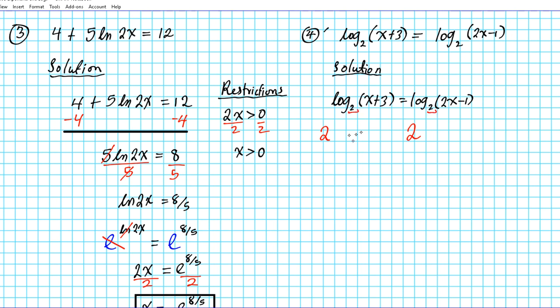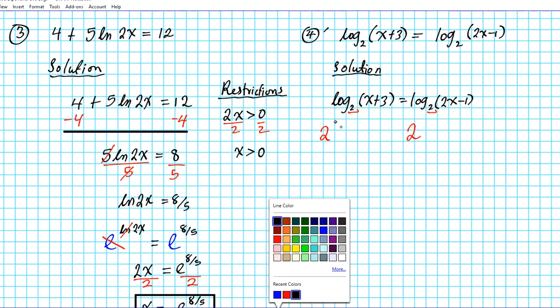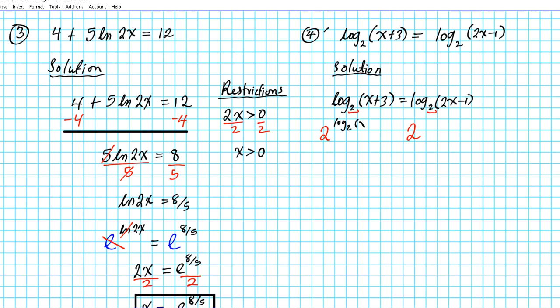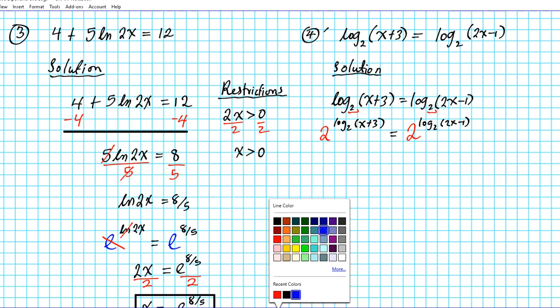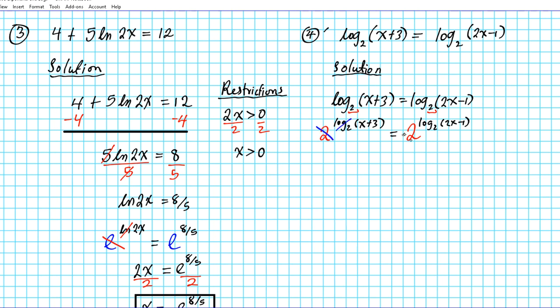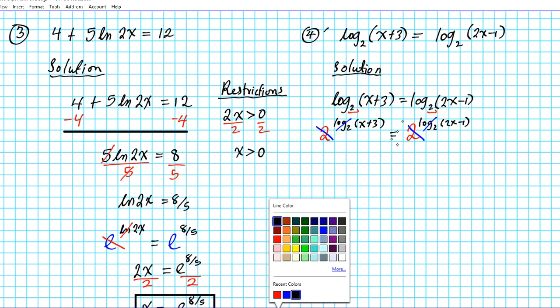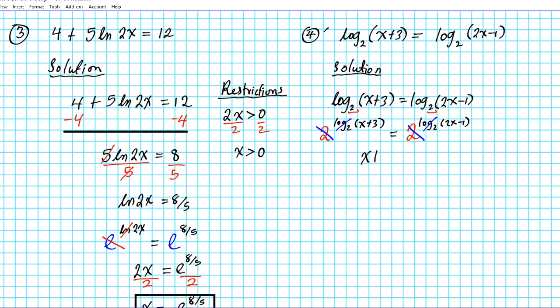Then we have 2 to the log base 2 of x plus 3 equals 2 to the log base 2 of 2x minus 1. Using the inverse properties of logs, we cancel out 2 and log base 2, and the same goes on the right side. So that just equates the logarithmic arguments. You can see a shortcut, right? If you have two identical logs, you can just simply cancel out the logs and equate the logarithmic arguments, and you will have a valid argument also.